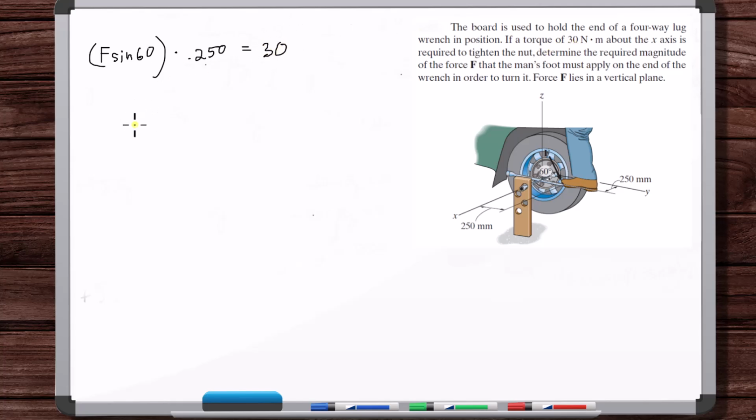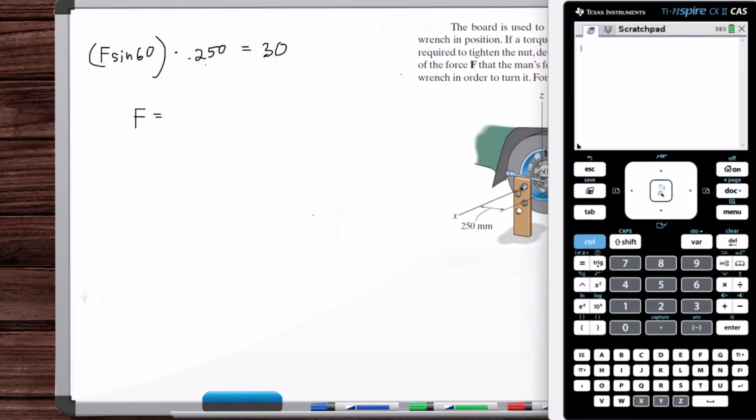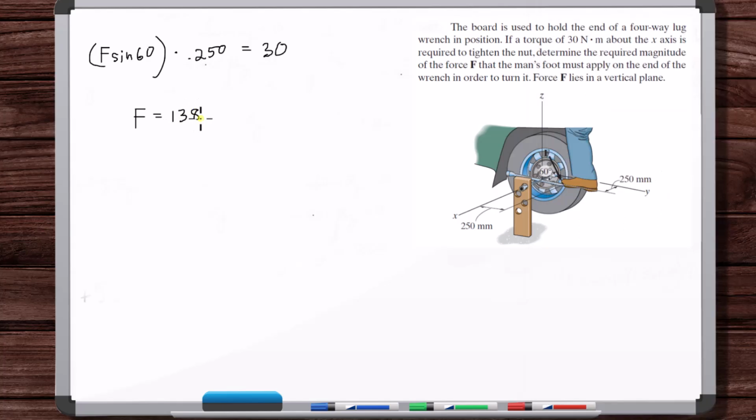Now let's just solve for F. 138.6 newtons.